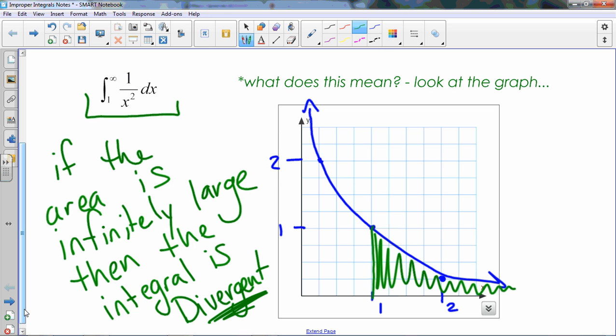That's the phrase that we're going to use a lot second semester. We're going to figure out whether or not this particular integral is divergent or whether it has an actual finite number as a value.